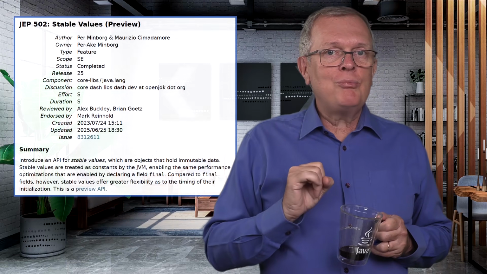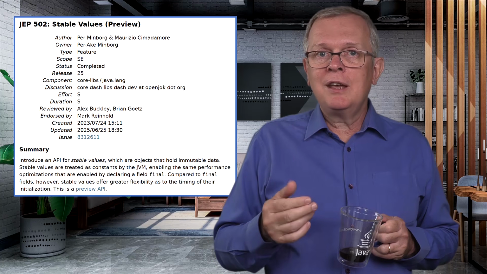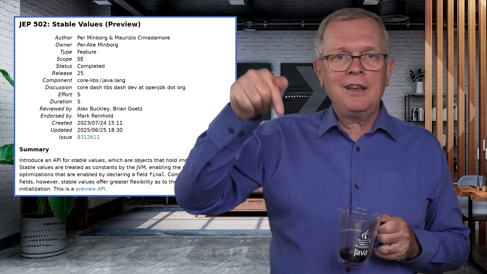It cannot see them as real constants. If it could, it would inline them, push their value where they are used, and make your application faster. There is some work done on this field. You can check the stable values preview features in the JDK 25 if you're interested in this topic. As usual, the link is in the description.